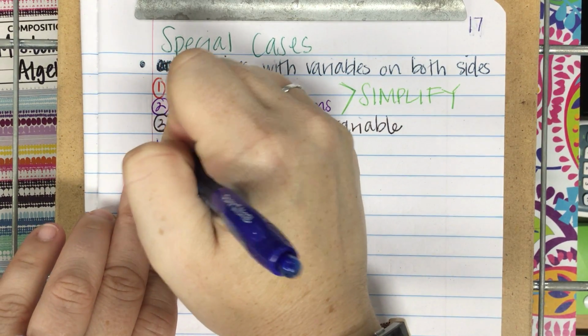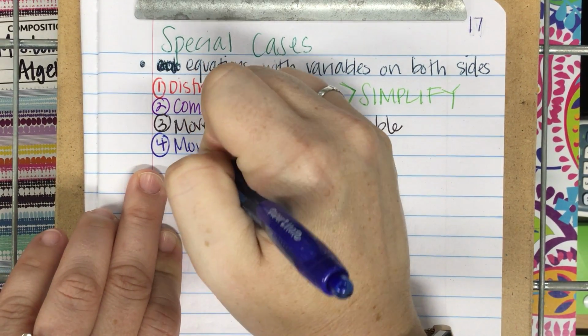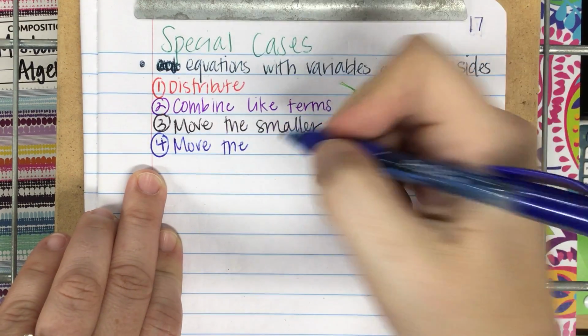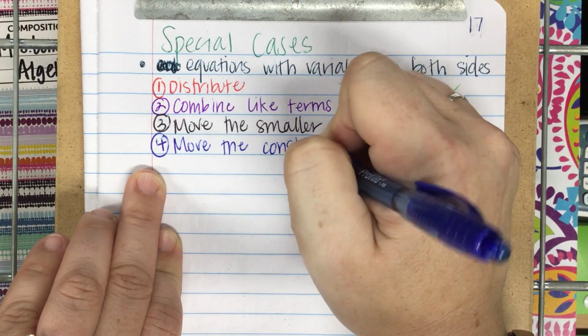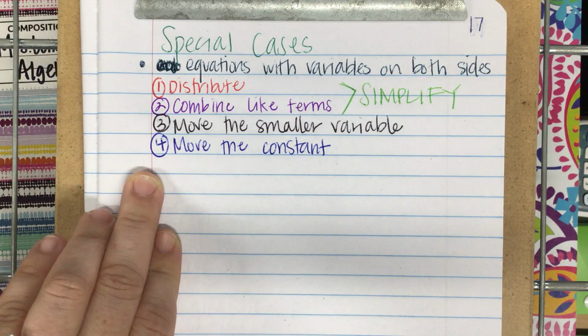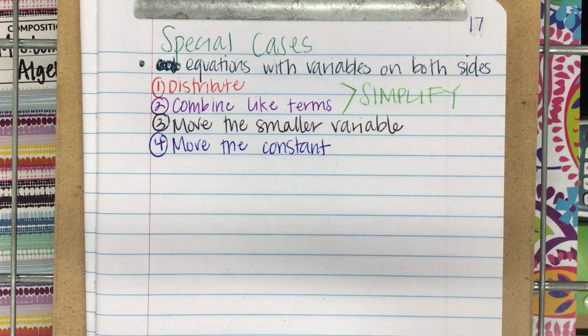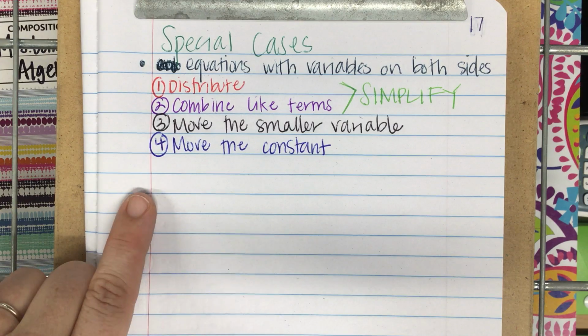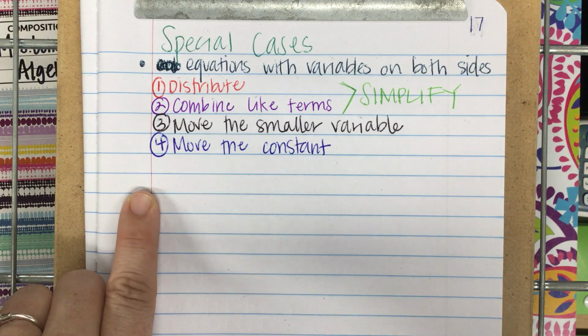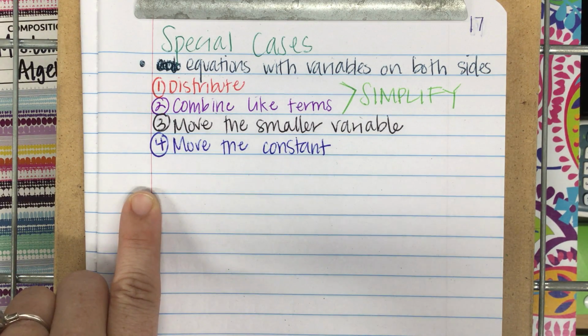Move the constant. And what is a constant? The number by itself. And then once you move the constant, step 5 is move the coefficient.